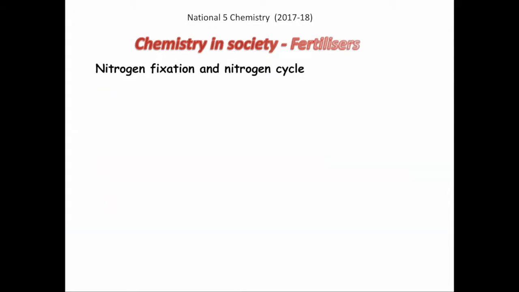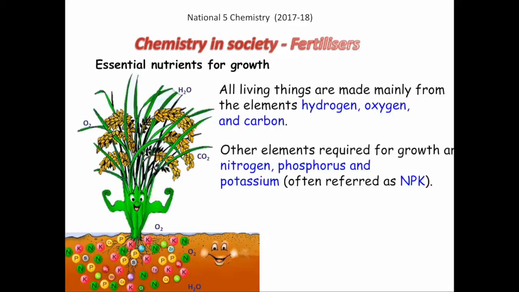Now, where does this plant generally get all these elements from? As you could have seen in the figure before, plants generally obtain these elements from the soil. But nitrogen in its pure form cannot be absorbed by the plants.